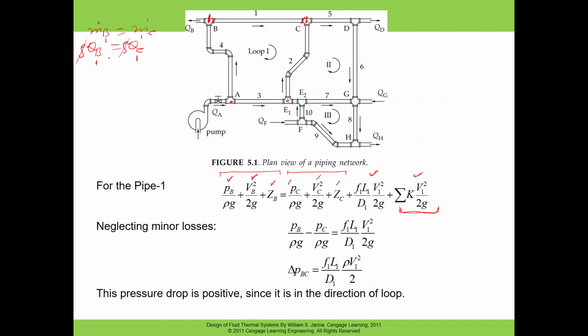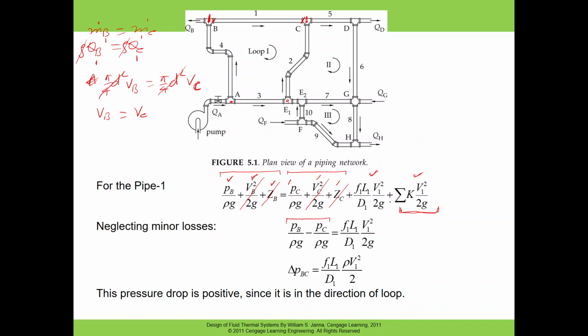The density cancels out, so the flow rate will be the same: the cross section area, pi by 4 d squared, times the velocity at B, equals pi by 4 d squared times the velocity at C. So the velocity terms cancel out, and since the line is laid down horizontally, the potential terms also cancel out.